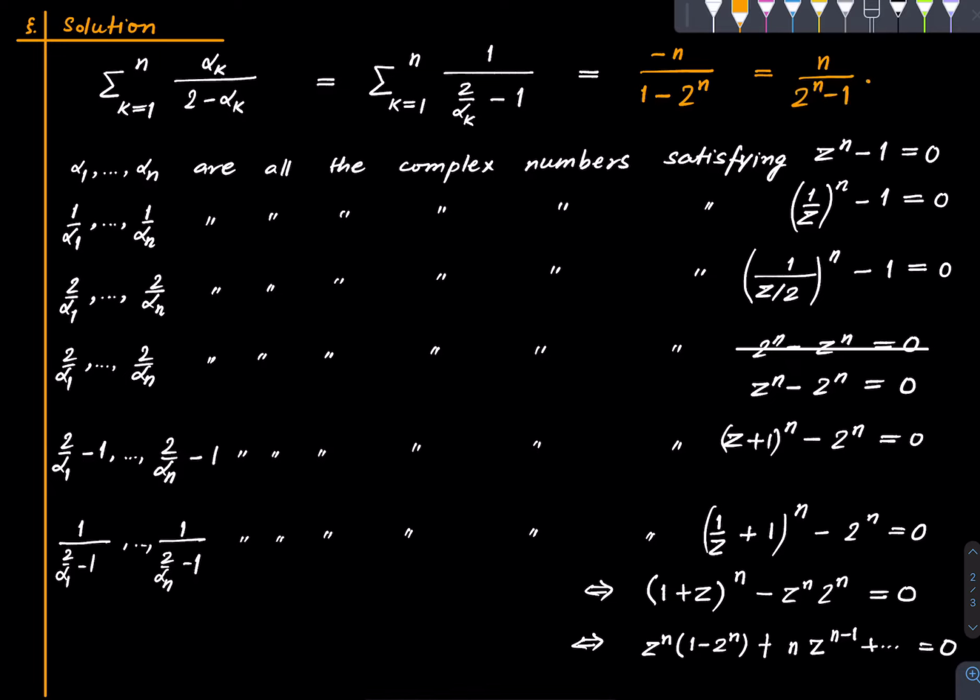Generally, when I see this kind of expression, I try to think of them as roots of some polynomial and use Vieta's theorem or whatever you want to call it. All you should know for this problem is that the sum of roots of a polynomial can be computed by looking at coefficients of certain terms, and there are other things that you could compute by the same idea. For instance, perhaps you would like to know the product of all of these. That also is something you can compute.